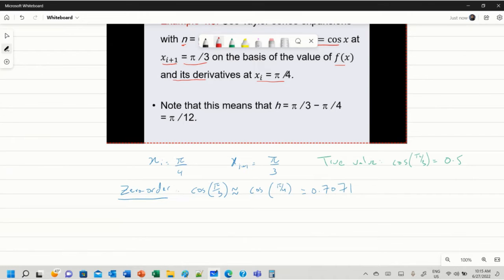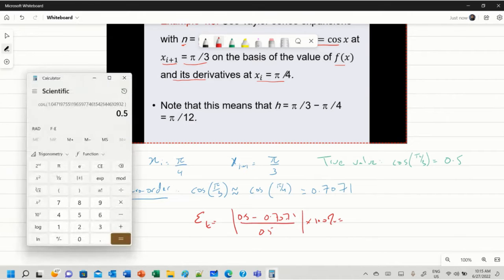Now I can find the true error as the true value minus the approximate value divided by the true value multiplied by 100%.